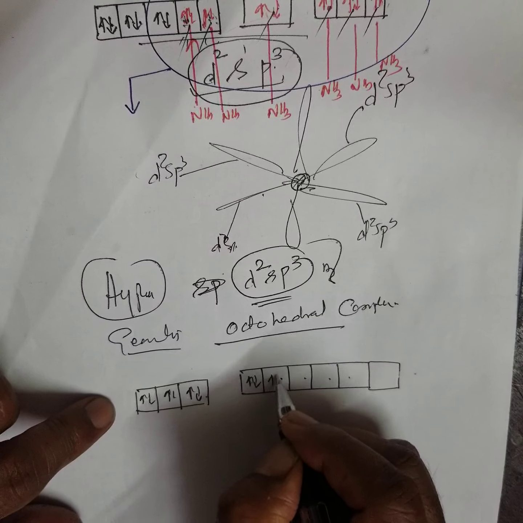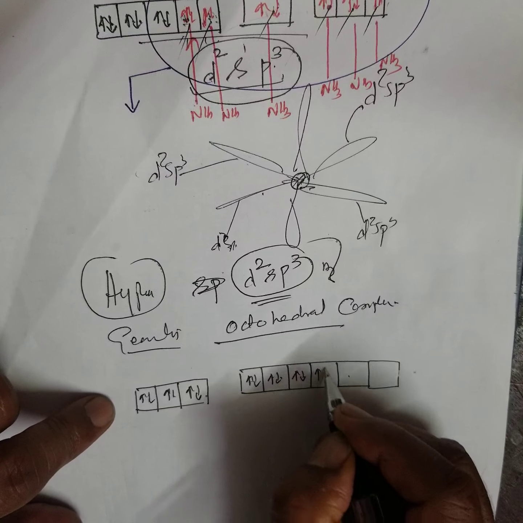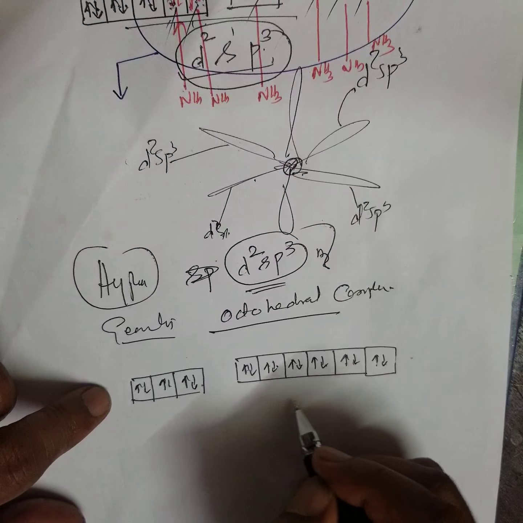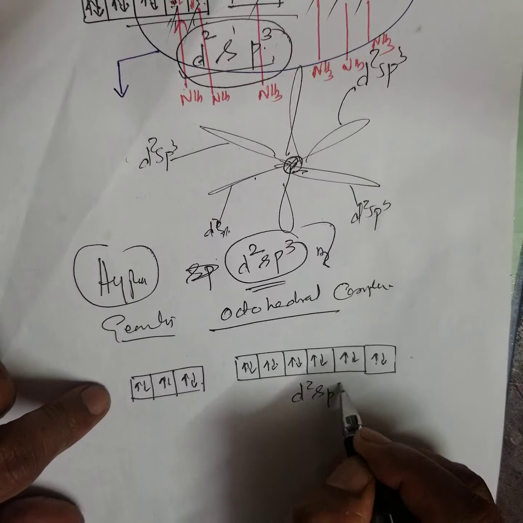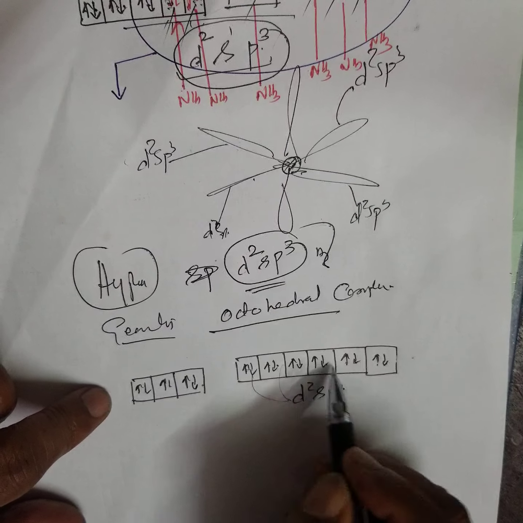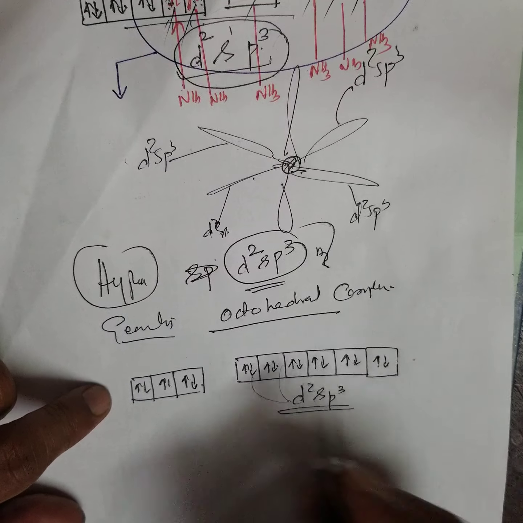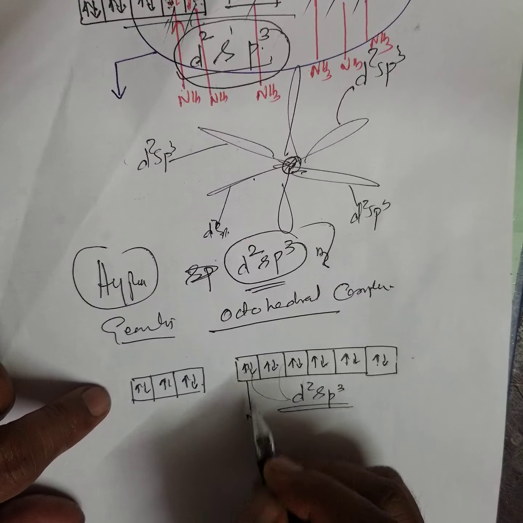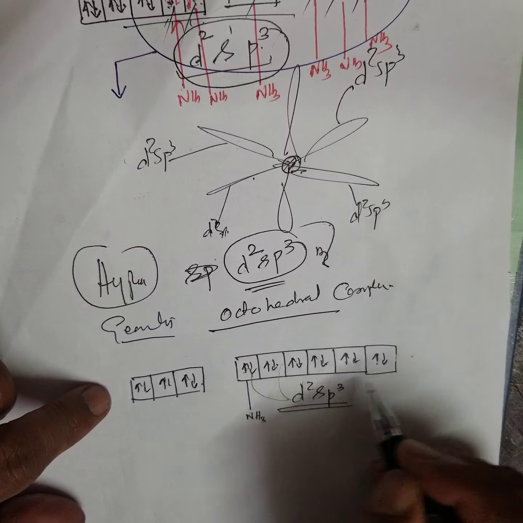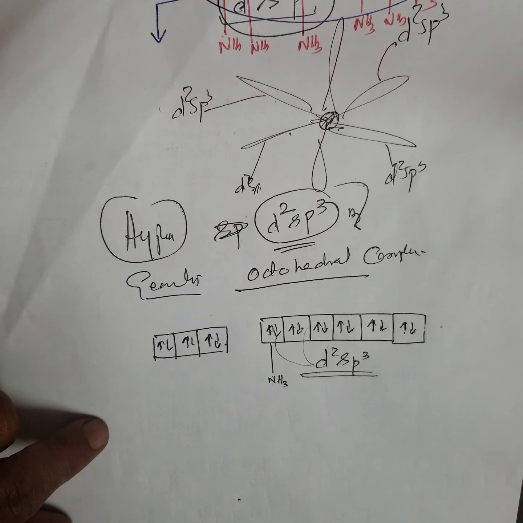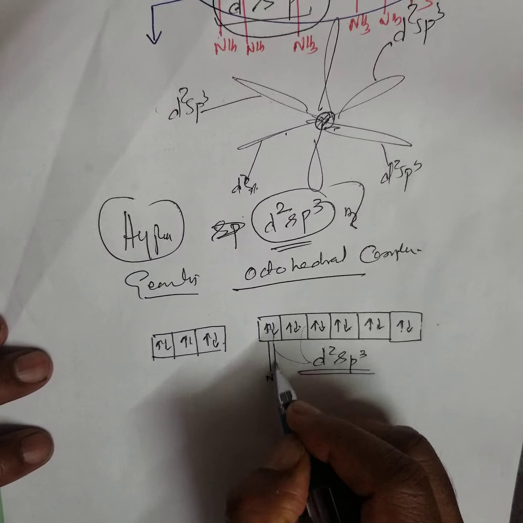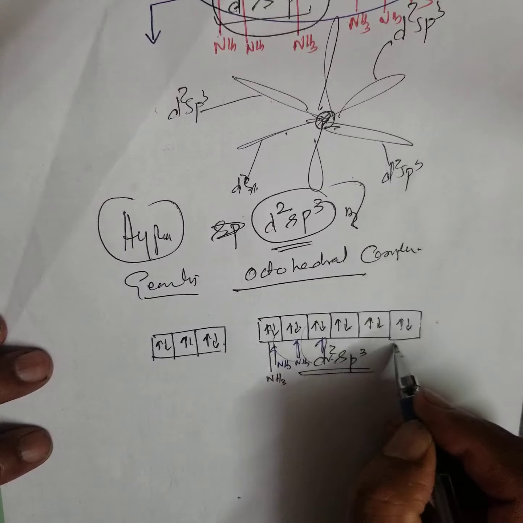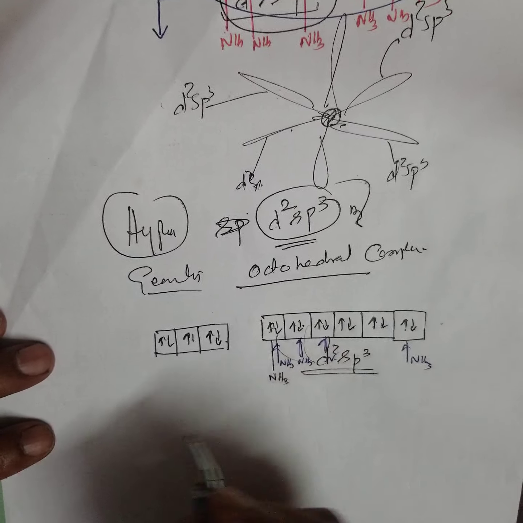Right? And each one is d2sp3, 6 orbitals. Here this pair is due to this nitrogen. See, NH3, NH3, NH3, NH3.